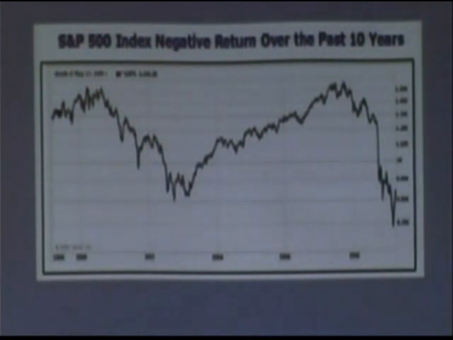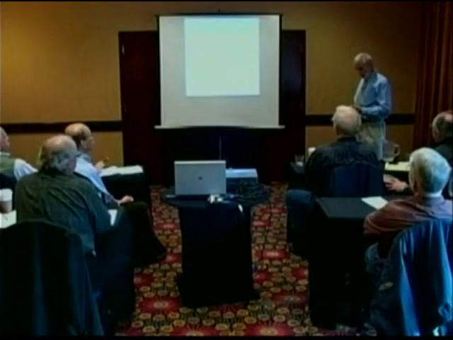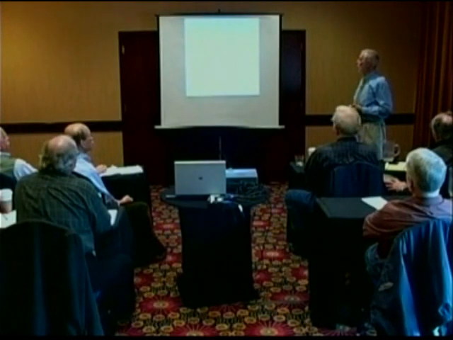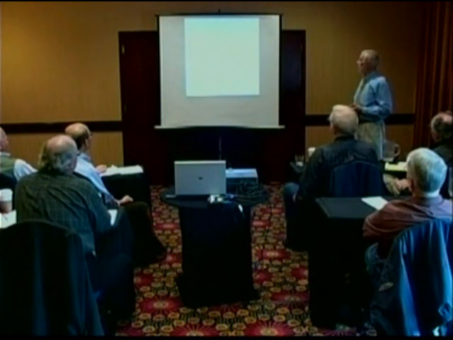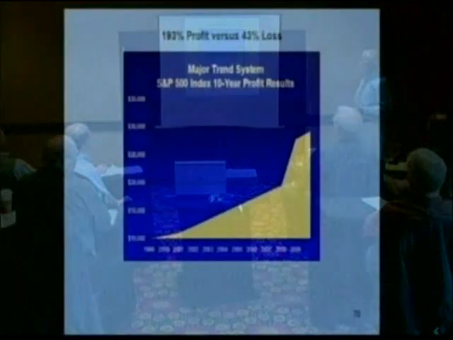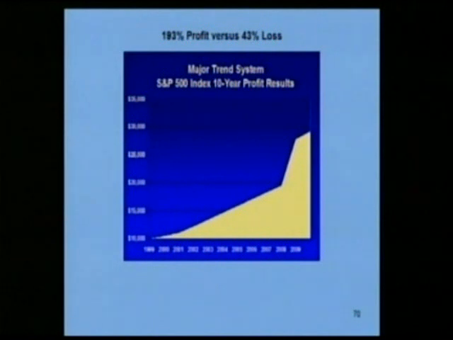potential. So over the last 10 years, the S&P index has had a negative return. But if you use the major trend system to trade the S&P, instead of having a negative return, you would have had a positive return.